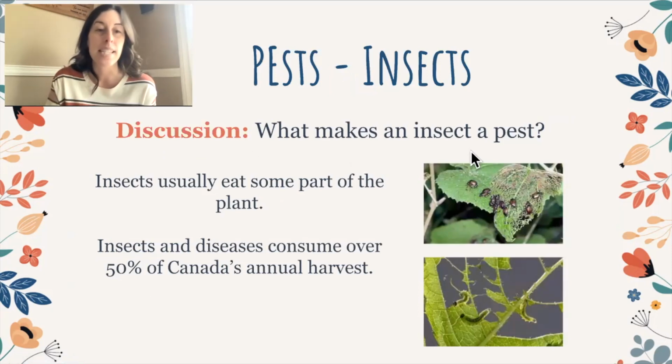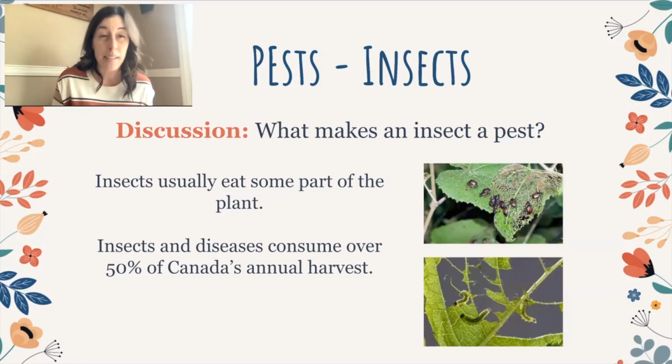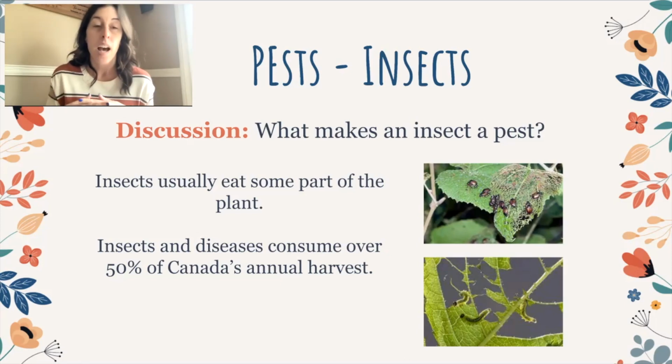So what makes an insect a pest? To go back to Bosco's siblings, brothers and sisters are pests. That's totally true. We all have our own definition of pests, but in terms of what we're talking about today, insects usually eat some part of the plant. Insects and diseases consume over 50% of Canada's annual harvest.